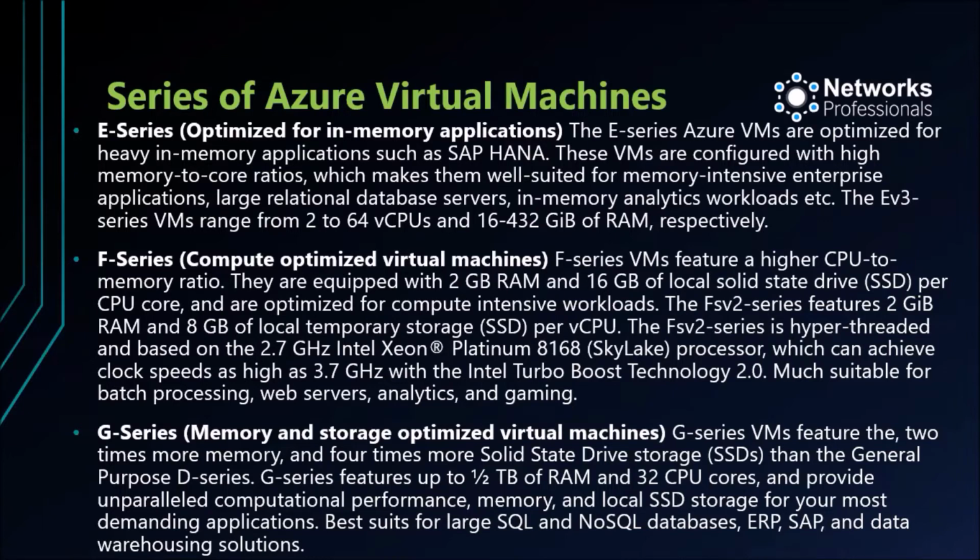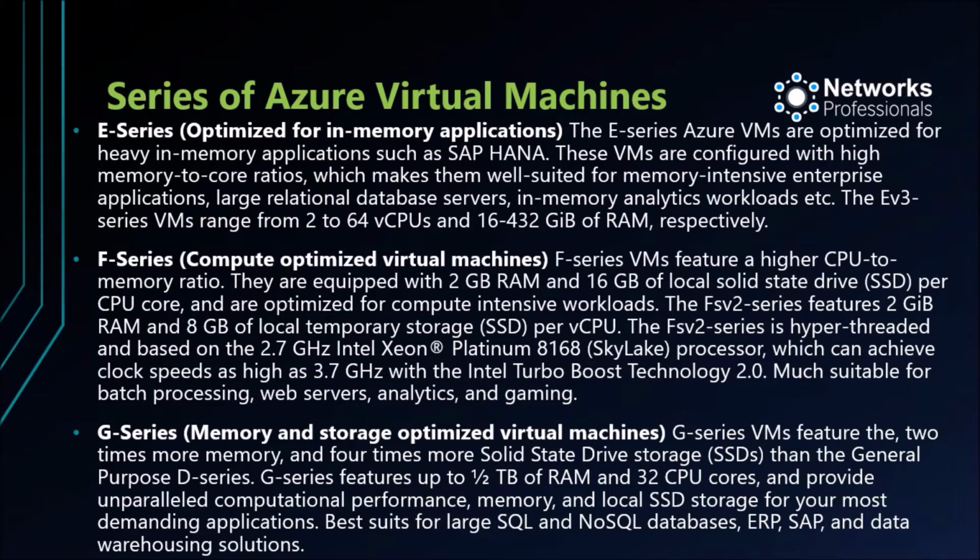These virtual machines are configured with high memory to core ratios, which makes them well suited for memory intensive enterprise applications, large relational database servers, in-memory analytic workloads, etc. The E version 3 series VMs range from 2 to 64 virtual CPUs and 16 to 432 gigabytes of RAM respectively. F series virtual machines are compute optimized virtual machines.